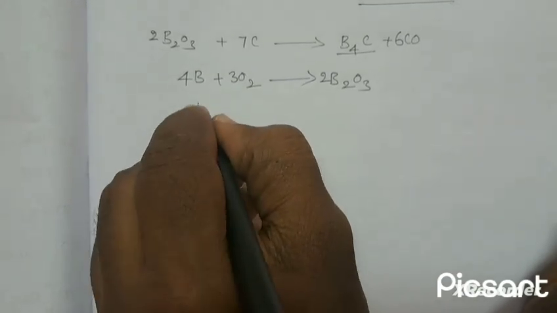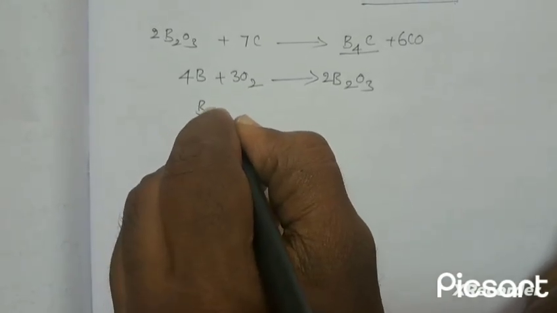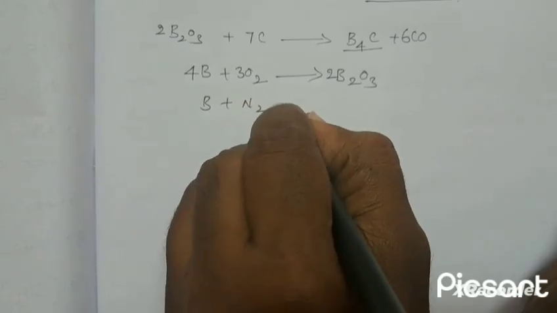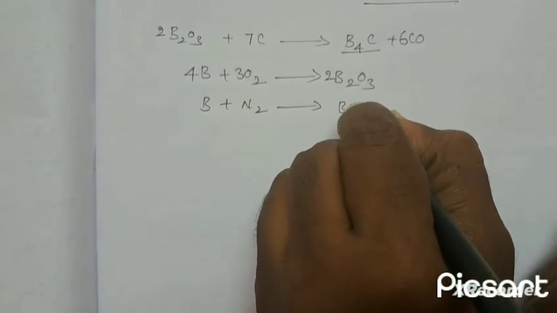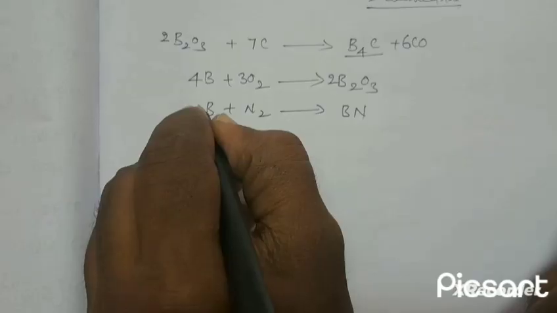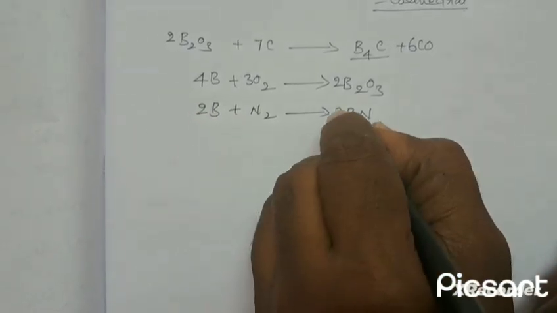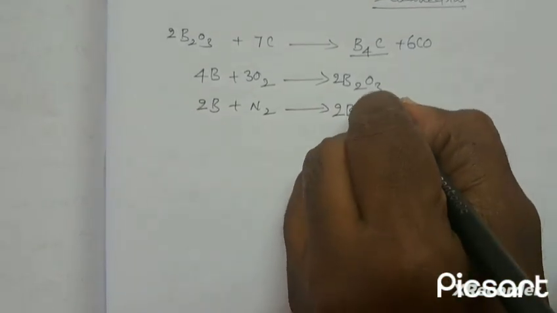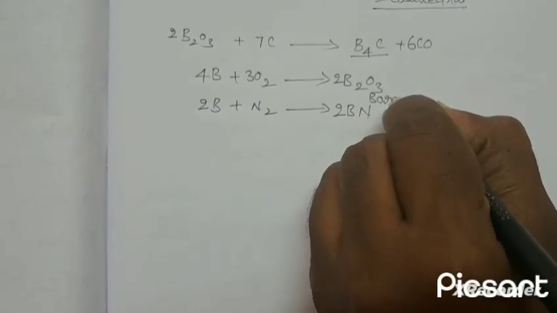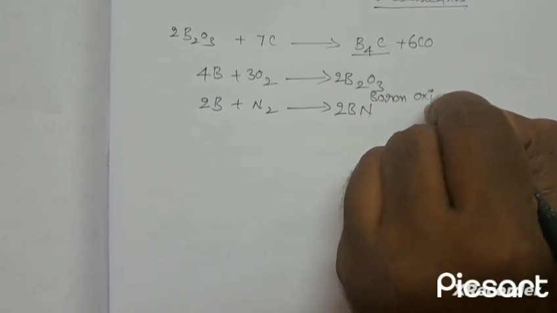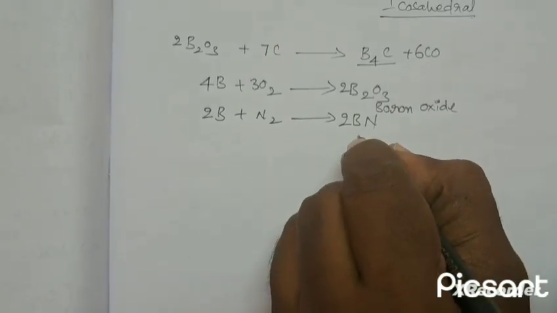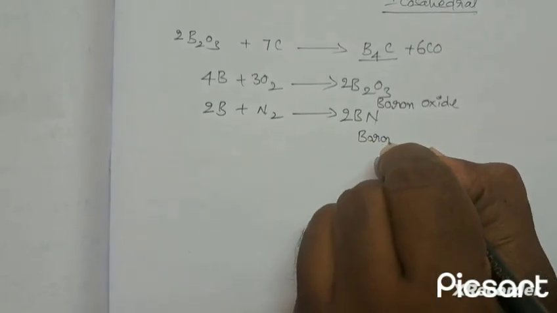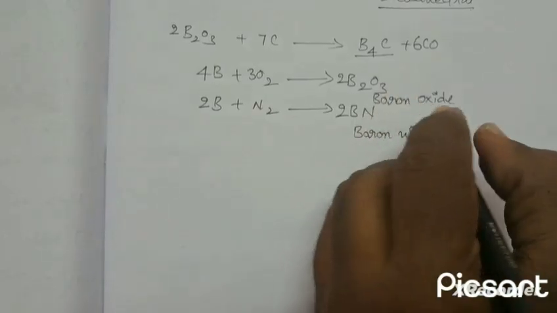And another reaction, boron, when it reacts with nitrogen, gives boron nitride. Here you can take 2B and N2, giving 2BN. So this is the boron oxide, and this is the boron nitride.